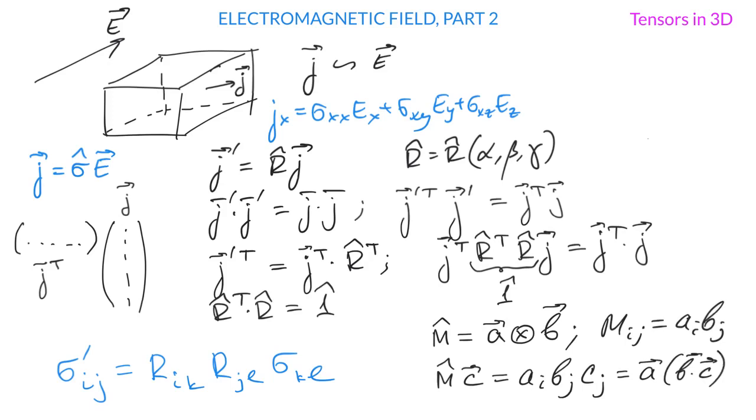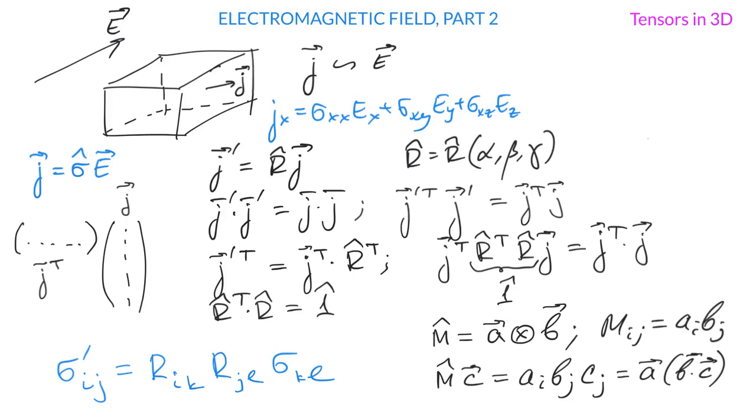B dot c is an invariant, and a is a vector. So M dot c is clearly another vector. So the direct product of two vectors represents a possible linear connection between the components of two different vectors. So it is a tensor.